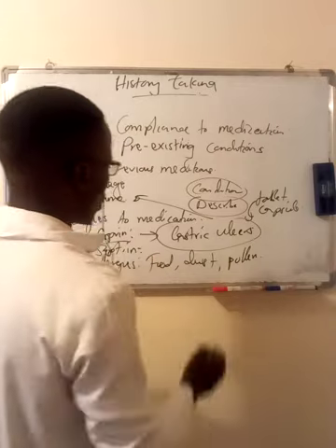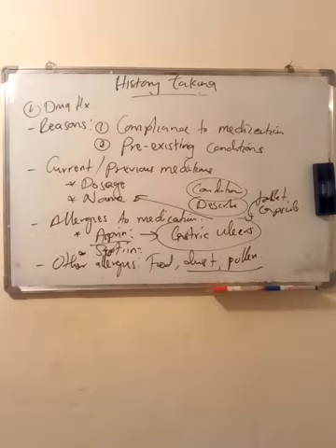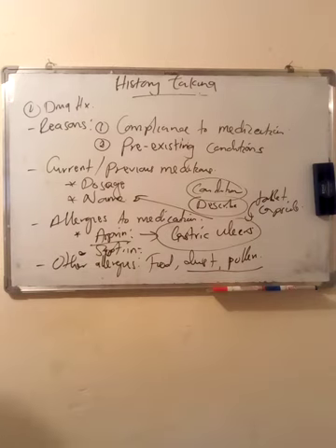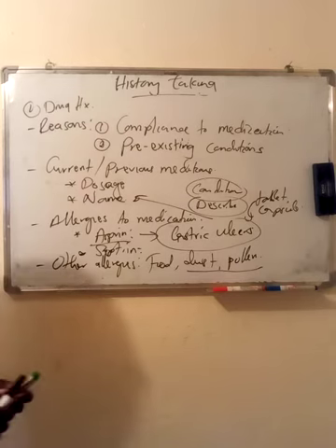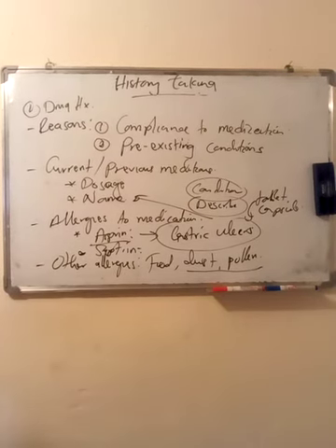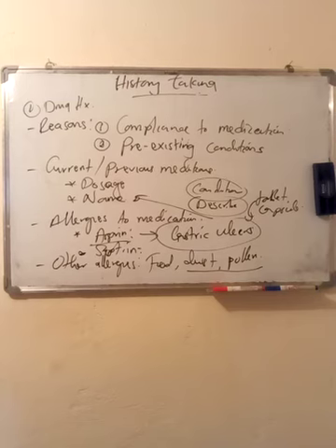So a patient says that I'm allergic to pollen, or I'm allergic to dust. So you may start thinking of things like asthma, in case the patient didn't mention in past medical history that they have asthma, or even things like weather changes and so on. So those are some of the things that you may need to ask concerning drug history.